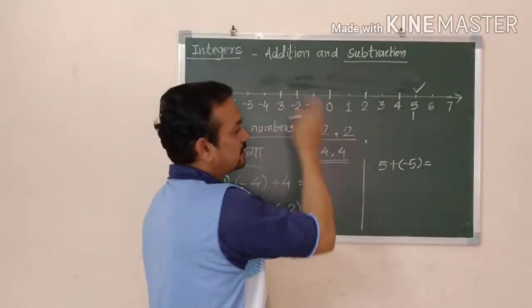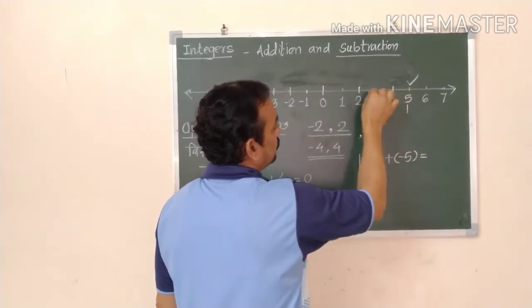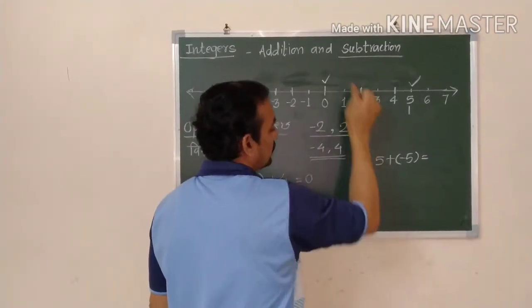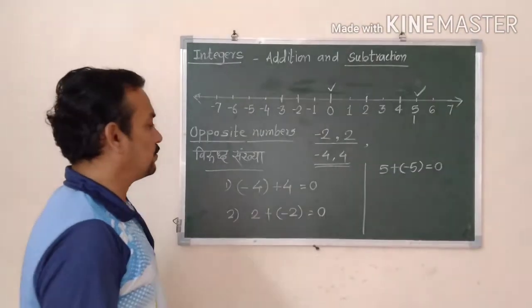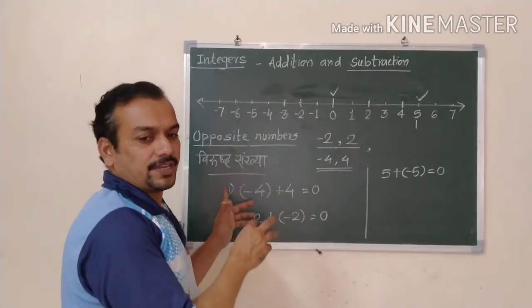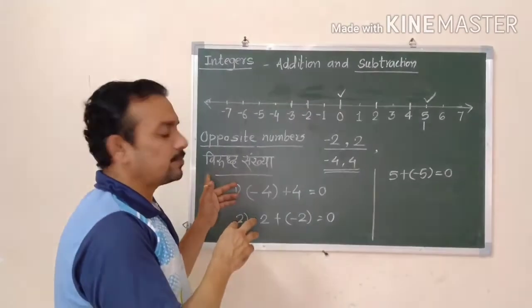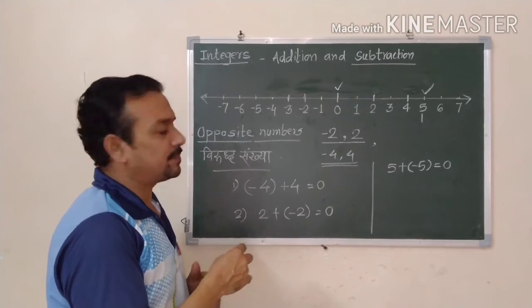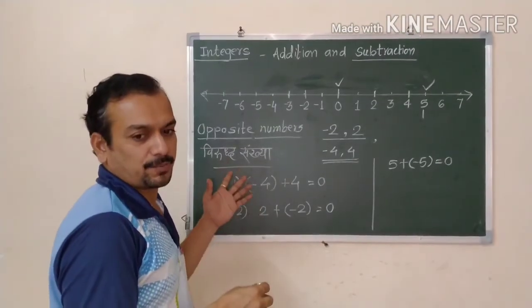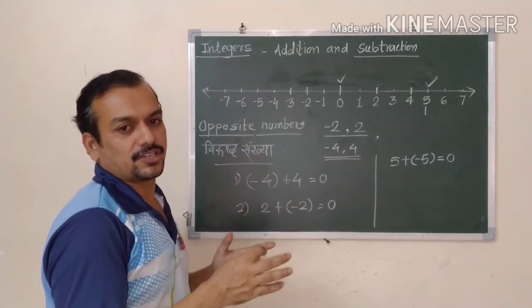Move 5 units towards the left. 1, 2, 3, 4 and 5. We got 0. That means 5 plus negative 5 is equal to 0. That means if we add the opposite numbers, we got 0 as an answer. That means sum of the opposite numbers is 0.